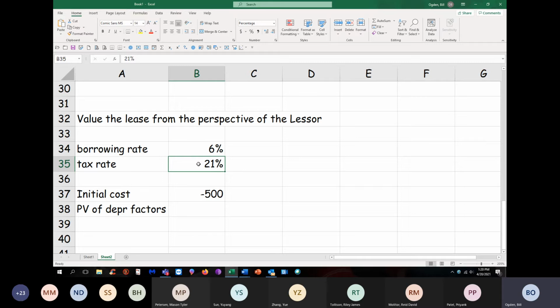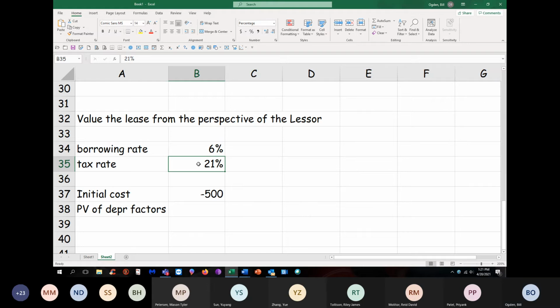Hey, I just have a conceptual question. Think about this, if you would, please. What if, this is a what if, it's not what we're doing, but what if the lessee and the lessor had exactly the same borrowing and tax rates?